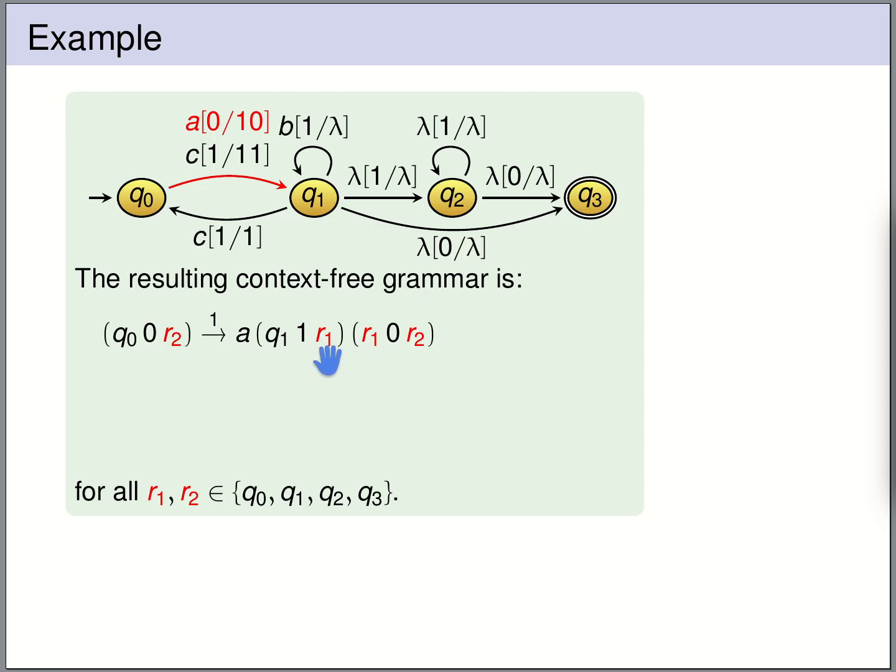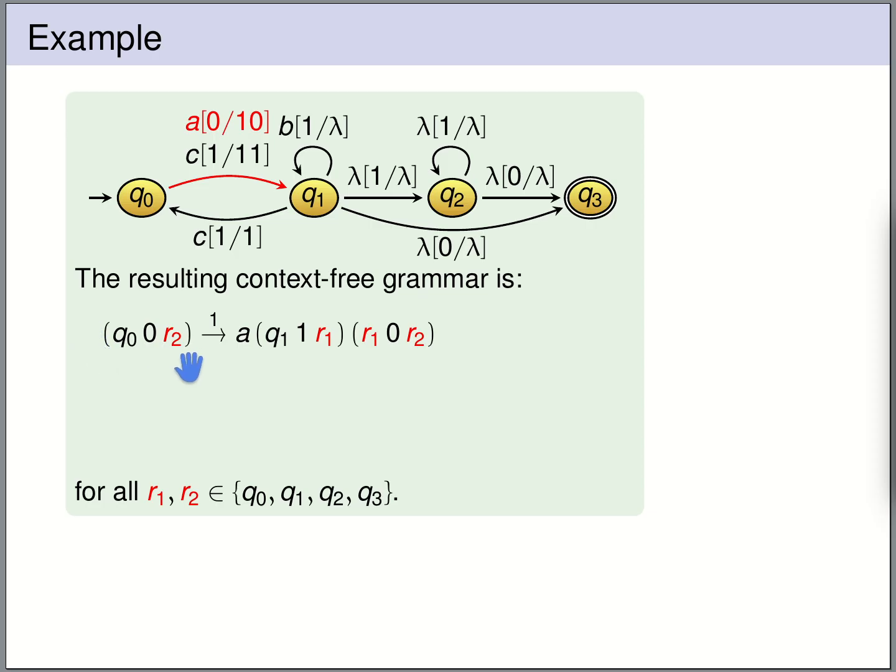And this R1 and R2 should be assigned with states from our automaton. So we have one such rule for every possible assignment of a state of our automaton to R1 and R2. There are 4 states, so we have 2 variables, each can have 4 different assignments, so we get 16 instantiations of this rule.